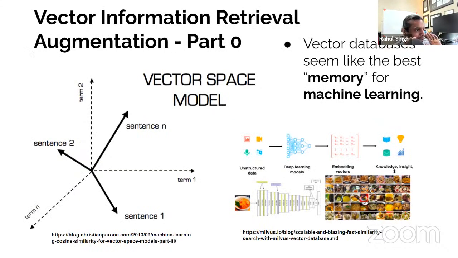So what are vector databases? Why do we have to vectorize our questions, or why do we have to vectorize our documents? Well, vector databases seem like the best memory for machine learning. You can take any data, not even just words and sentences, and using an encoder, like a deep learning model, like let's say Ada from OpenAI, or BERT is another one that's open source, and come up with n-dimensional vectors that represent that document.